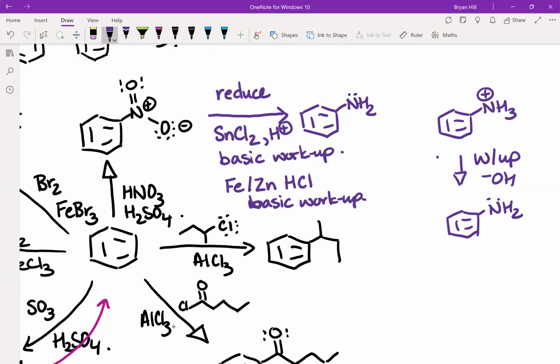So there's a number of different ways to reduce nitro groups to amines. Probably the one we'll use the most is tin dichloride. But the Clemmensen also works too, because that's a zinc mercury amalgam, and if you use zinc and HCl, it reduces it, so the same reaction works.